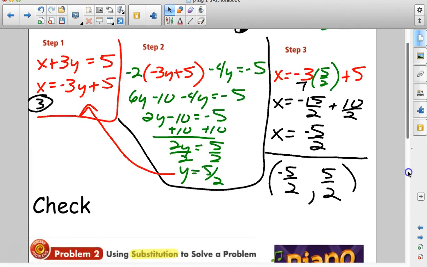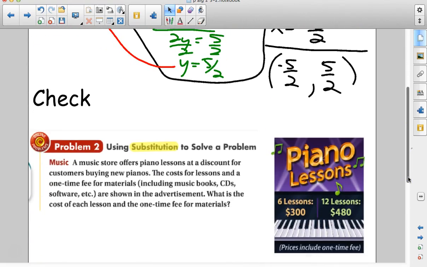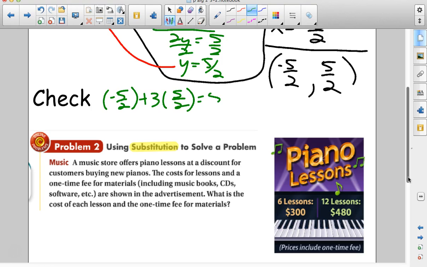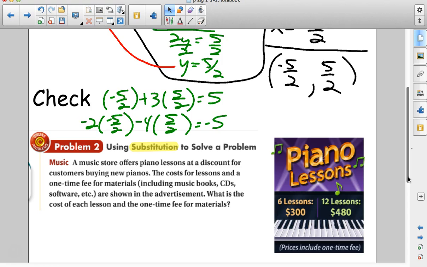So let's go check these back in the original. Again, it's a matter of just grabbing the calculator at this point. So the top equation was x plus 3y equals 5, and the bottom one was negative 2x minus 4y is supposed to come out to be negative 5. Go ahead and punch them in.